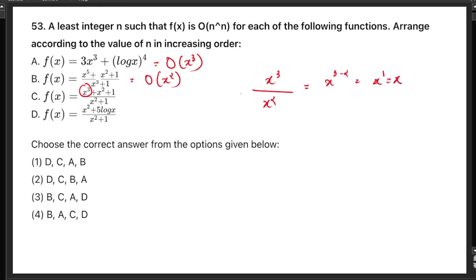So the answer will simply be x. So here we will say that this is big O of x. Alright everyone? Yes.